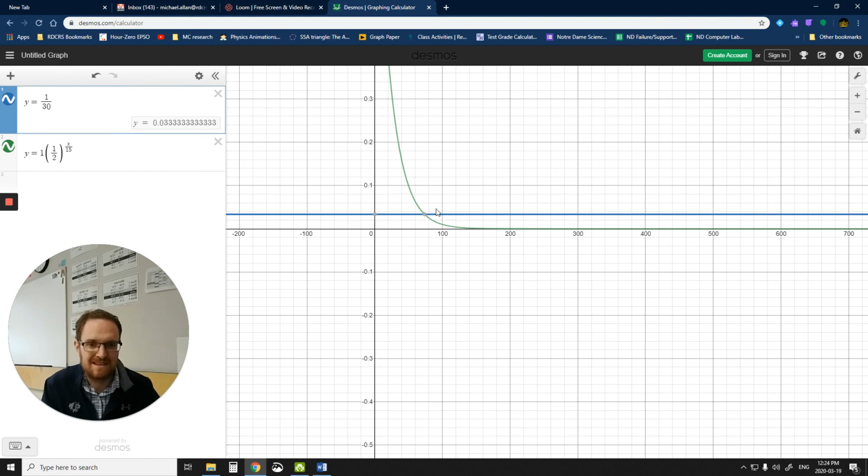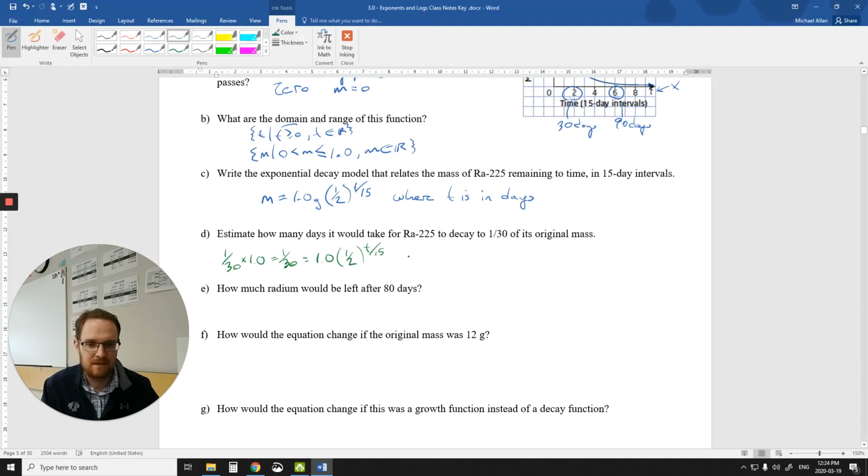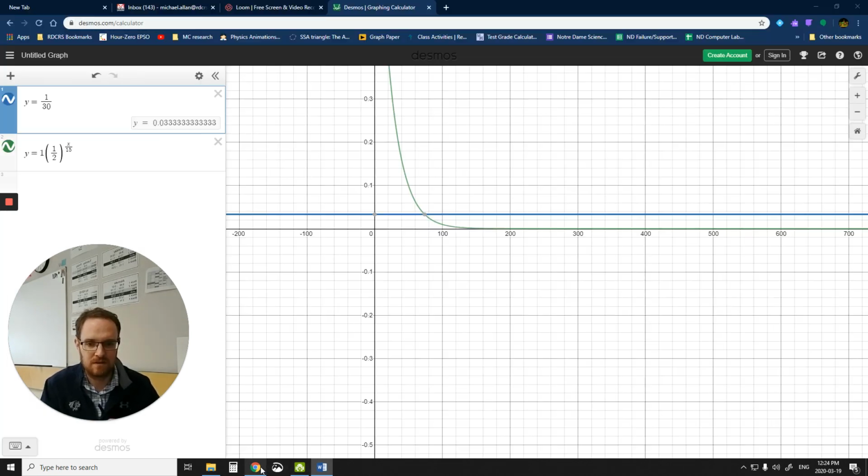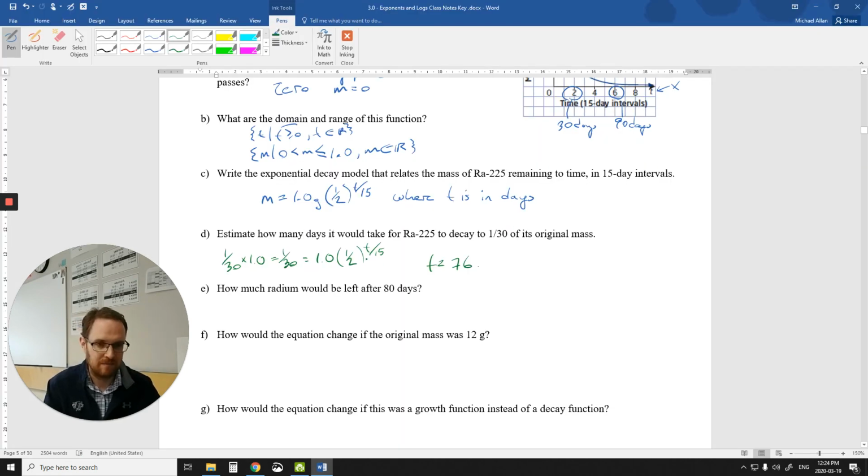So it says about 73.6. So we just solve for x, which is our t value from before. So t is equal to 73.6 days.